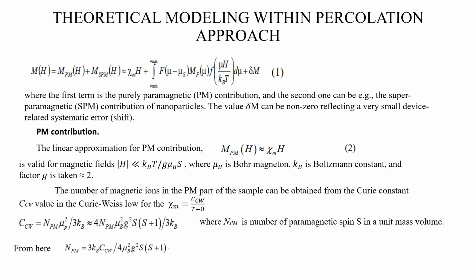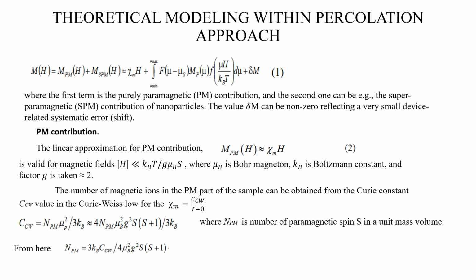Below we assume the following dependence of magnetization on the applied quasi-static magnetic field, where the first term is the purely paramagnetic PM contribution and the second can be the superparamagnetic contribution of nanoparticles. The value delta M can be non-zero, reflecting a very small device-related systematic error shift.